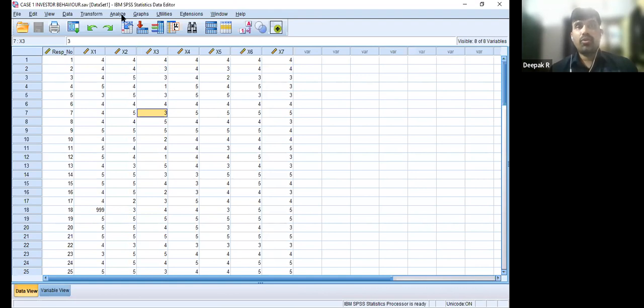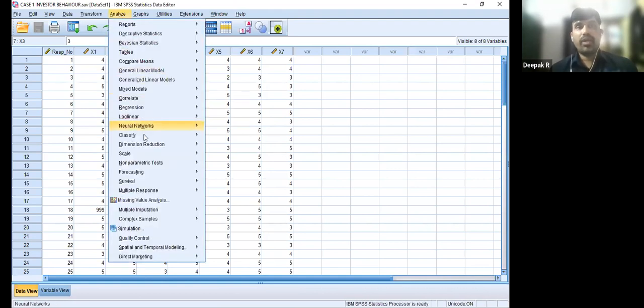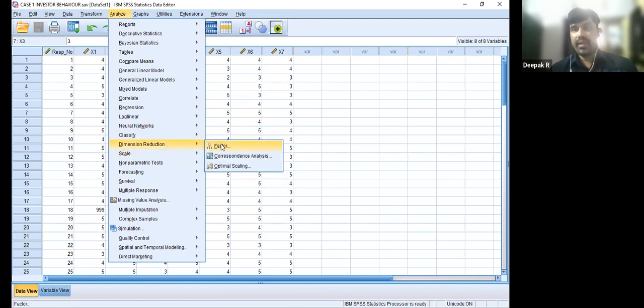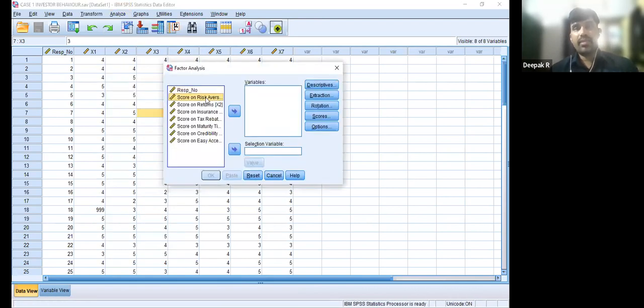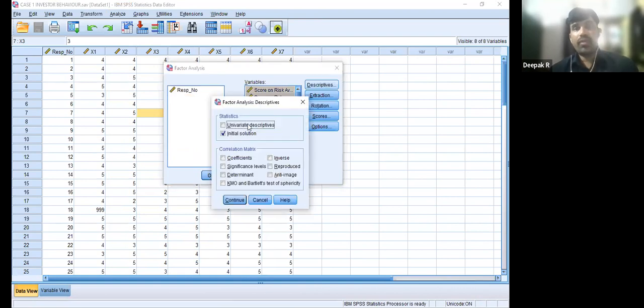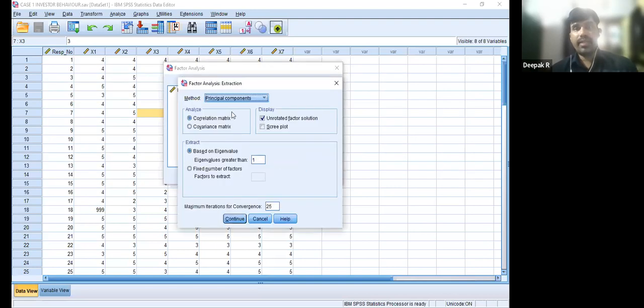So if I go to Analyze, go for Dimension Reduction, and then Factor Analysis, and in the factor analysis I consider the data that I have collected, and go for Descriptives, Univariate, and I will explain the KMO and Bartlett test of sphericity. And then we have the extraction.